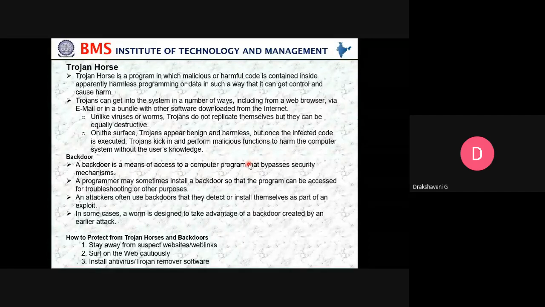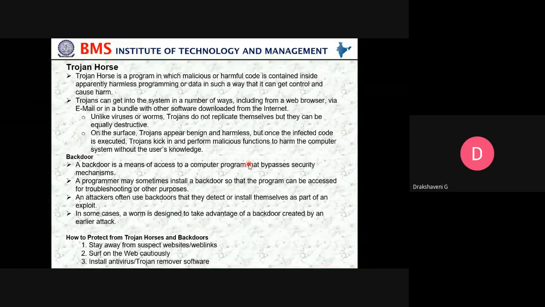Trojans can get into the system in a number of ways, including from a web browser, via email, or in a bundle with other software downloaded from the internet. Unlike viruses or worms, Trojans do not replicate themselves, but they can be equally destructive. On the surface, a Trojan appears benign and harmless, but once the infected code is executed, the Trojan kicks in and performs malicious functions to harm the computer system without the user's knowledge.